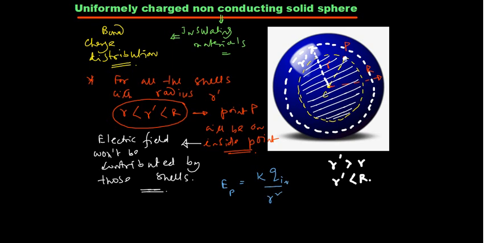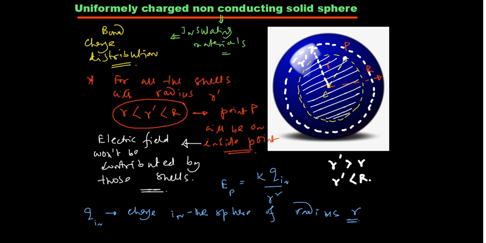What is this Q inside? Q in is basically the charge in the sphere of radius small r. Can I calculate that? Yes, 100%.